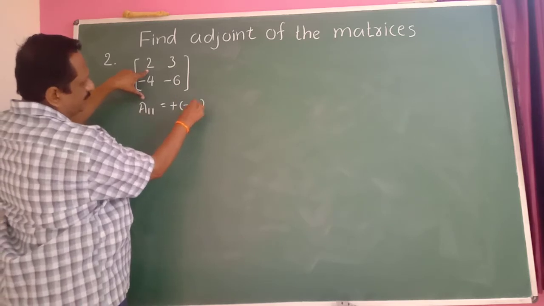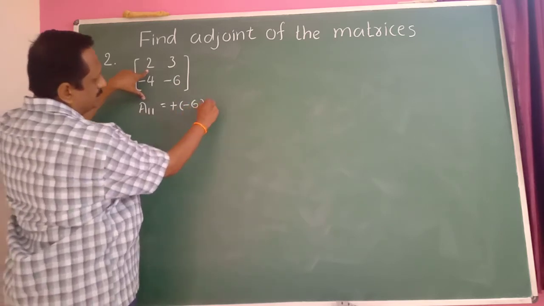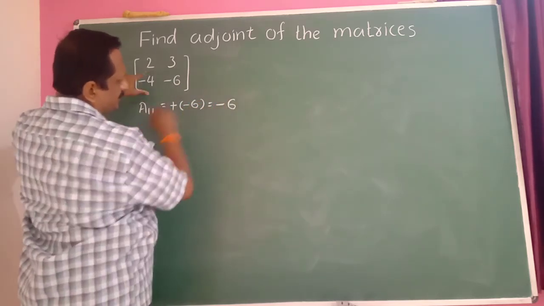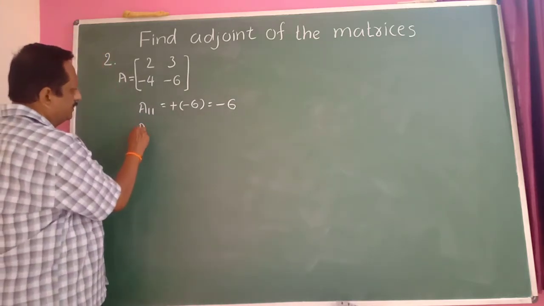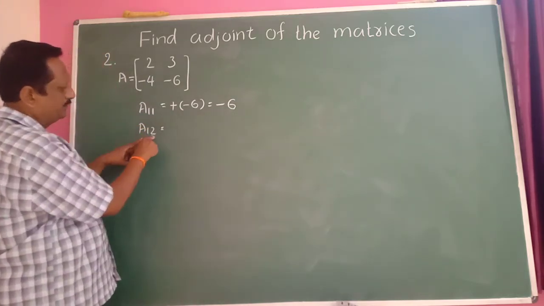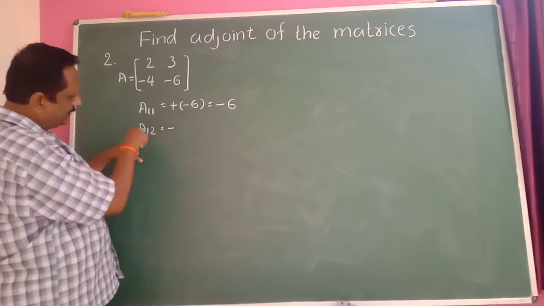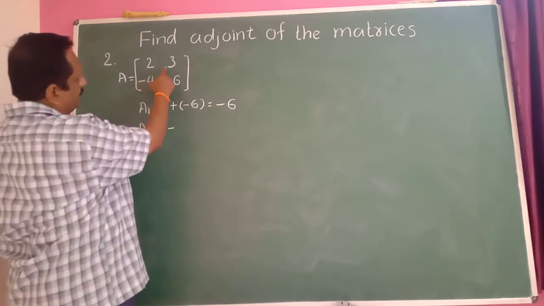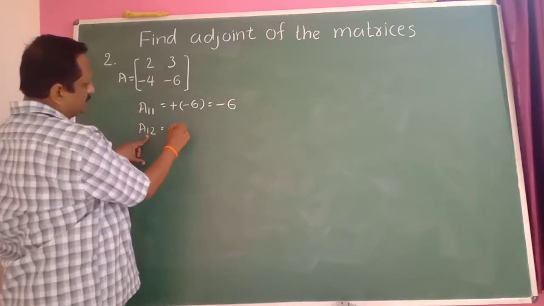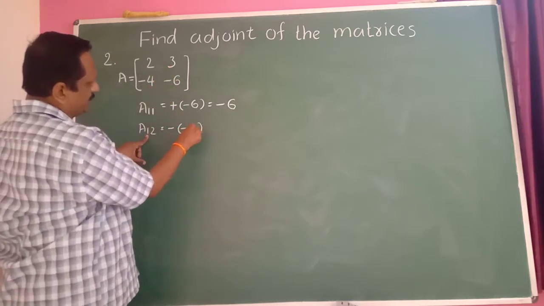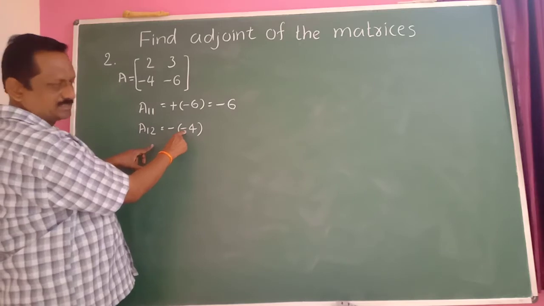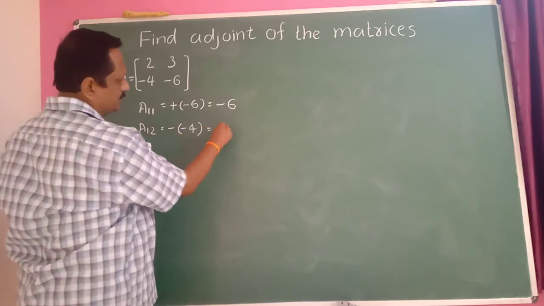Plus into minus becomes a minus. So minus 6 here. Then A12, 1 plus 2 is 3, an odd number. Write a minus sign here. Deleting the first row, second column, so minus 4. So write minus of 4 here. Minus into minus is plus. So this is equal to 4.